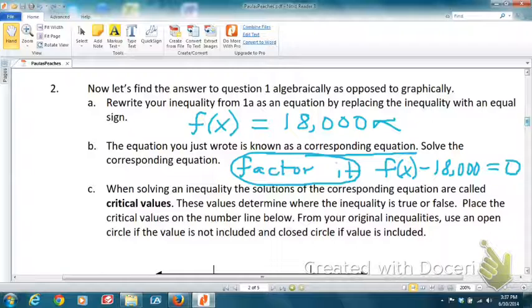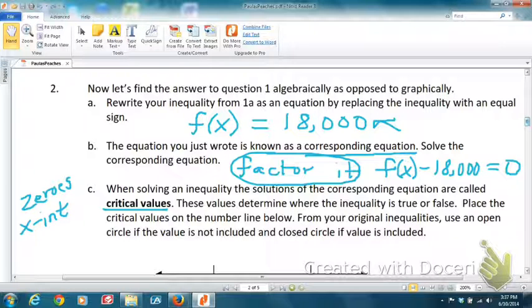All right, then in C, it says when solving an inequality, the solutions of the corresponding equation are called critical values. So your solutions in that quadratic, they're also your zeros. That's another word for it. They're also x-intercepts. So these are all synonyms for critical values.